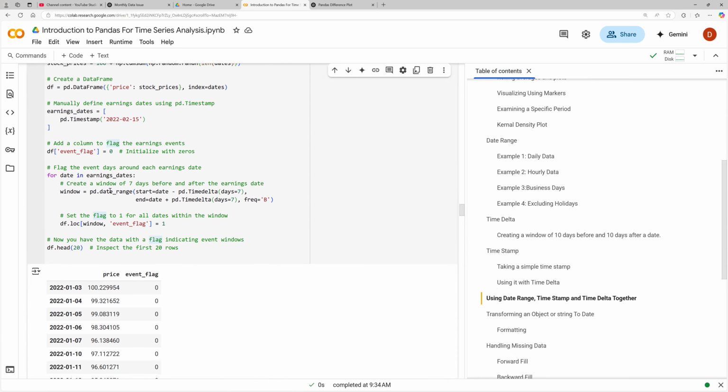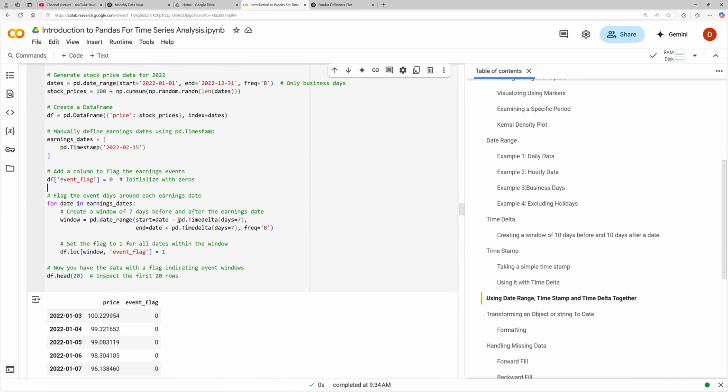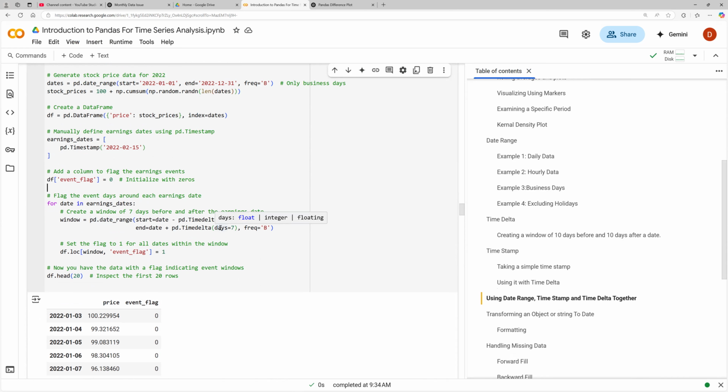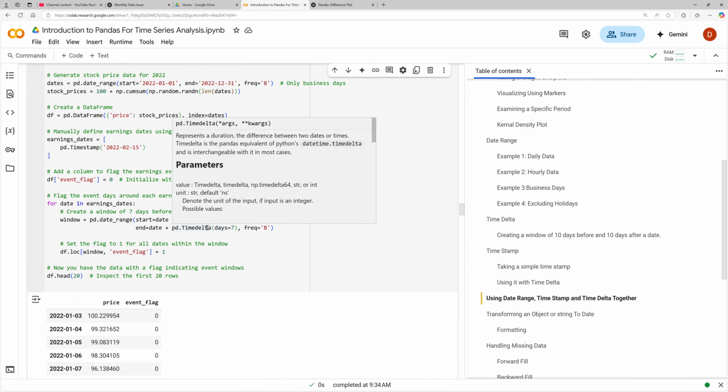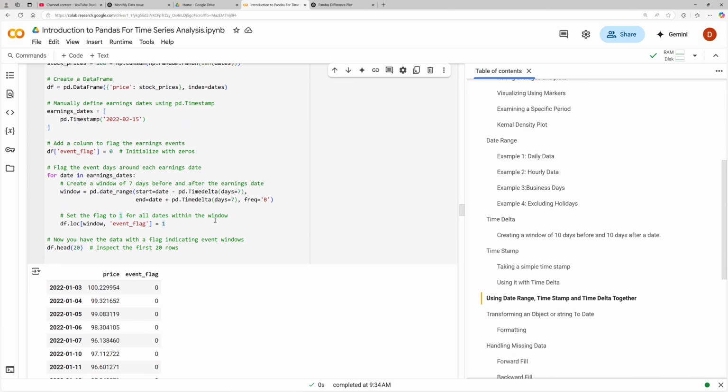So we create this window with the date range here, right? Date minus pd.Timedelta days equal to 7, plus pd.Timedelta days equal to 7, and then frequency is equal to business days. And we set flag 1 to within the window.